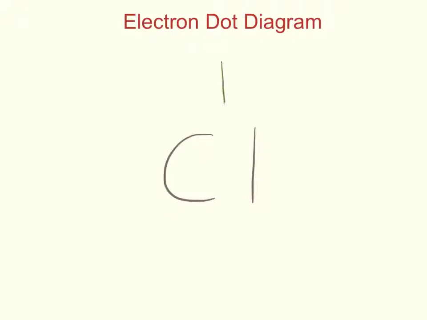So here's one quadrant, there's another, and there's 4. Dot diagrams are representatives of the valence electrons. They show how many valence electrons are in this atom.